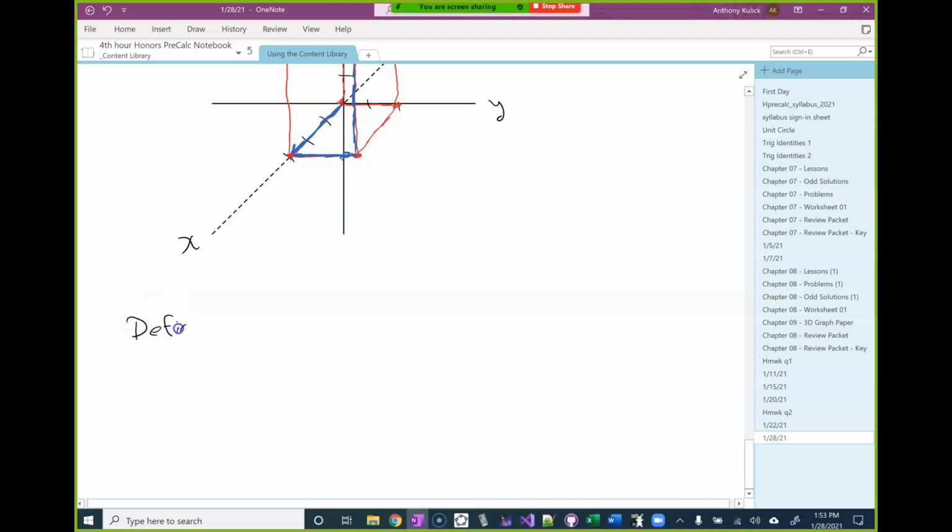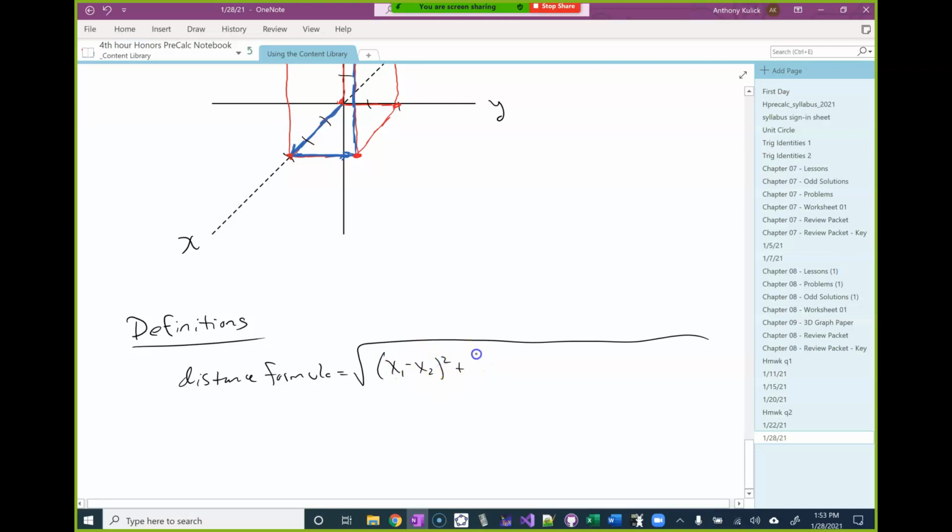A couple of quick definitions. So your 3D distance formula. In 2D, this is the square root of the difference in x's squared plus the difference in y's squared. In 3D, you basically have the analog.